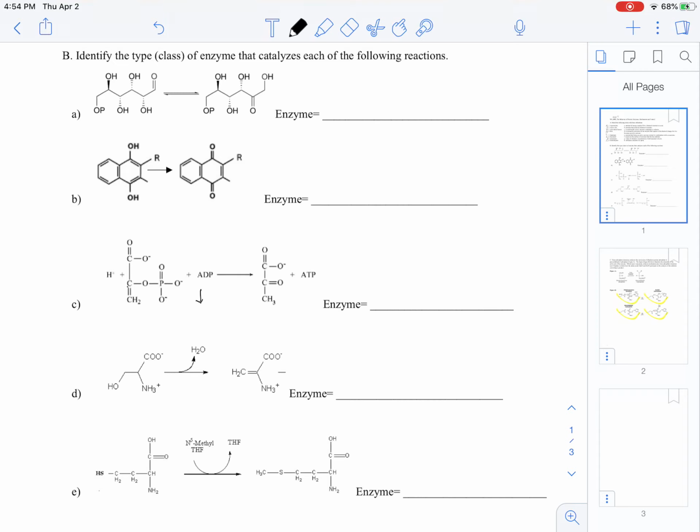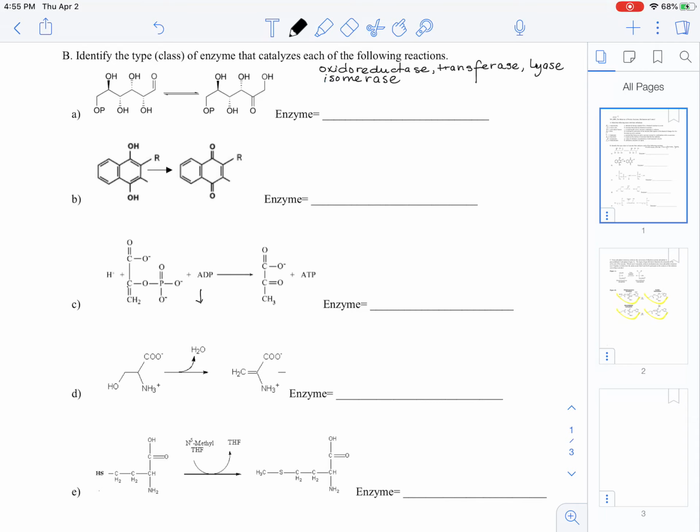The different types of enzymes that you need to be familiar with include oxidoreductase, transferases or a transferase enzyme, lyase, isomerase.